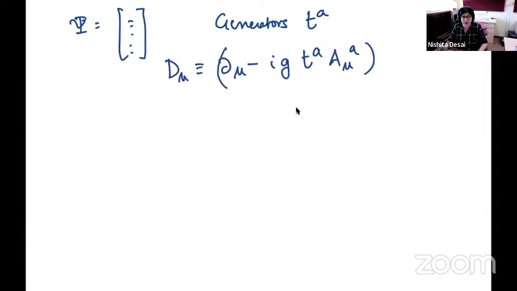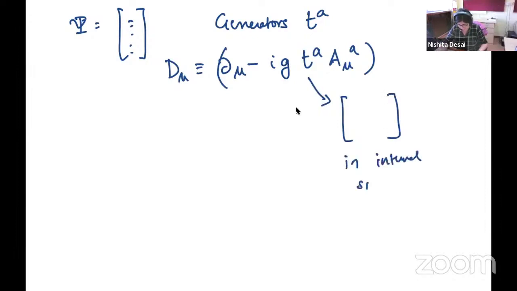So this is how we had defined our covariant derivative in that case, where this is the matrix in the internal space. And now you have extra gauge bosons corresponding to these internal symmetries.